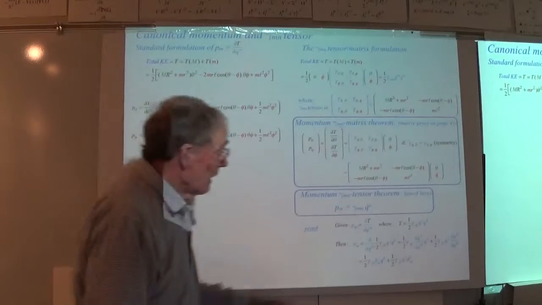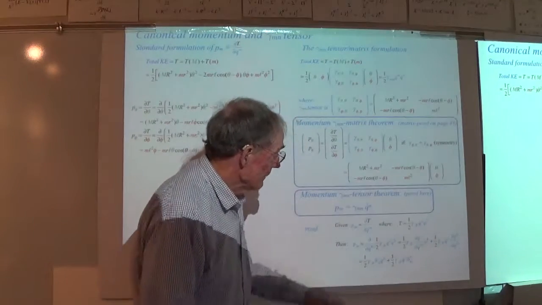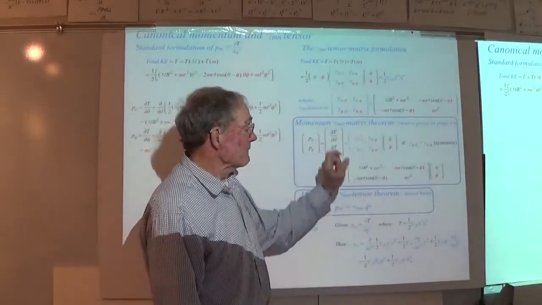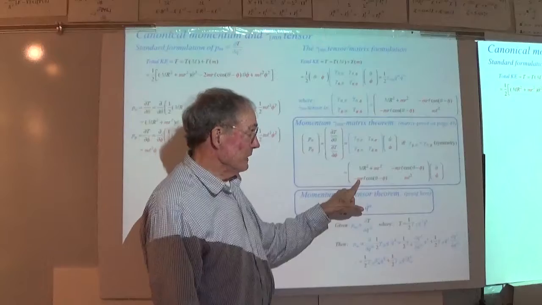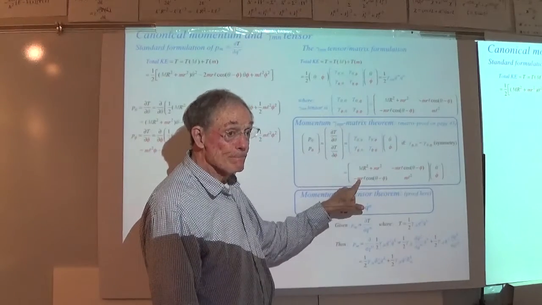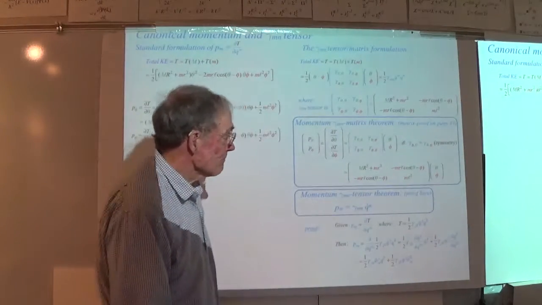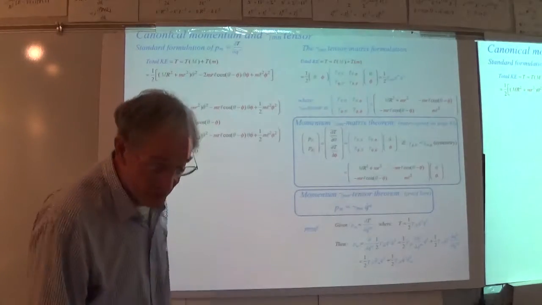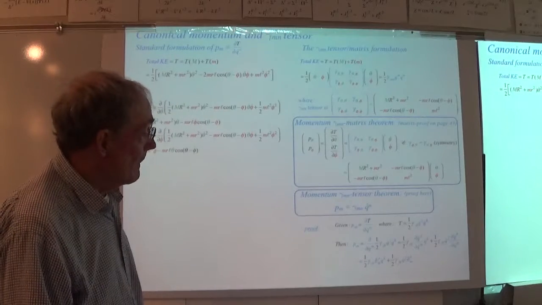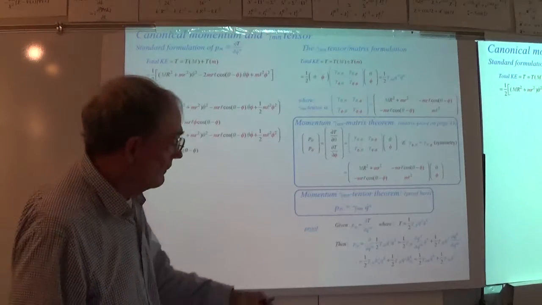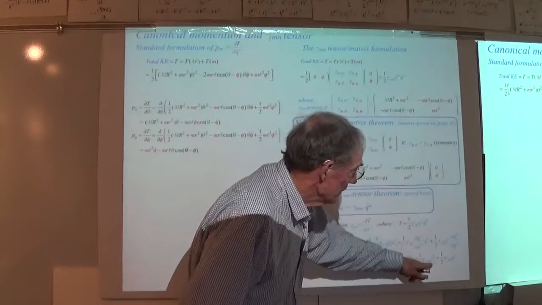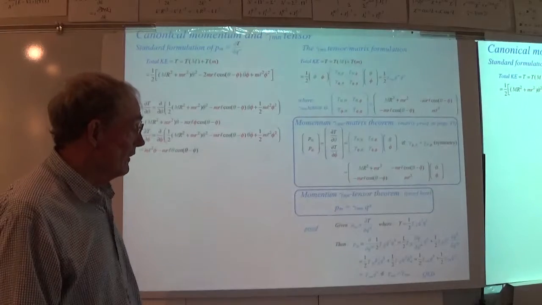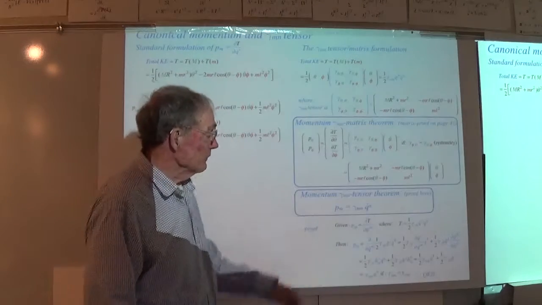Those two are really the same. And the reason they're the same is because this matrix, this metric, is always symmetric. Okay? That's definitely true of the geometrical one, but it's also true of the one that has masses in it as well. So that just gives us, and here I've changed the dummy indices so that I can express that just as that. So that's the proof of that.